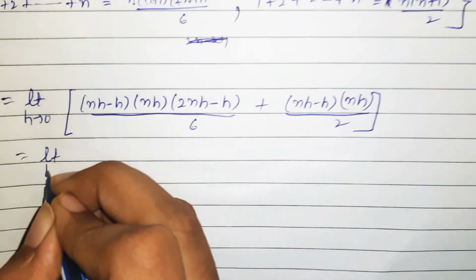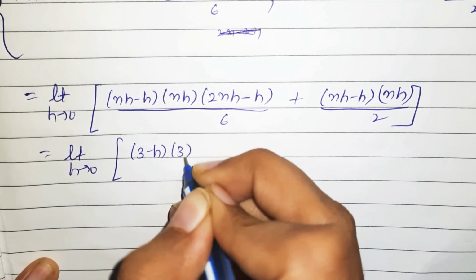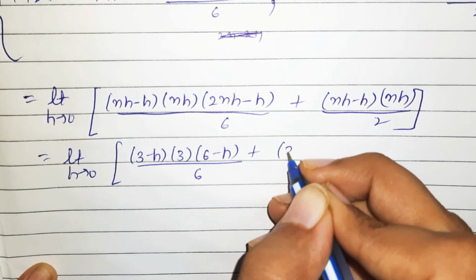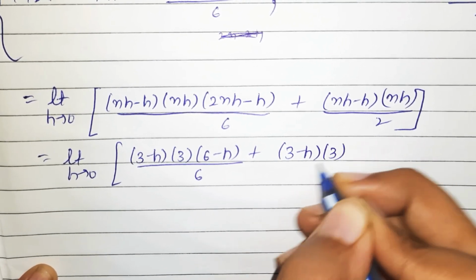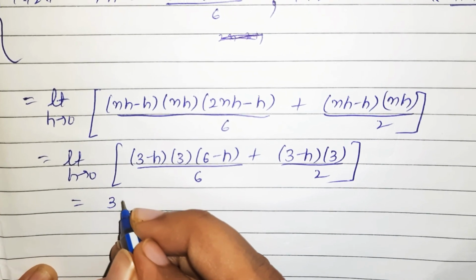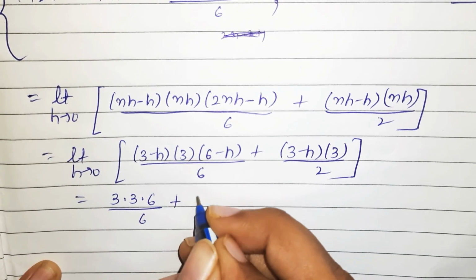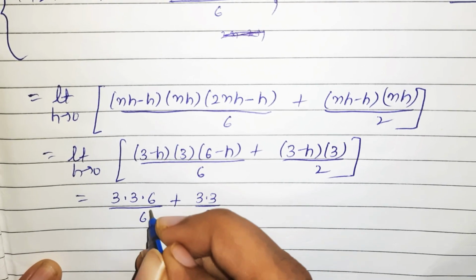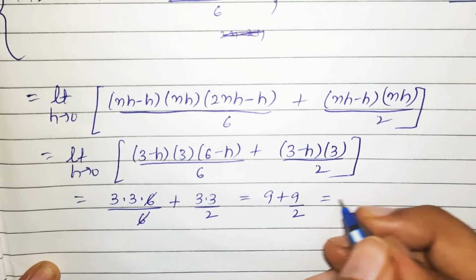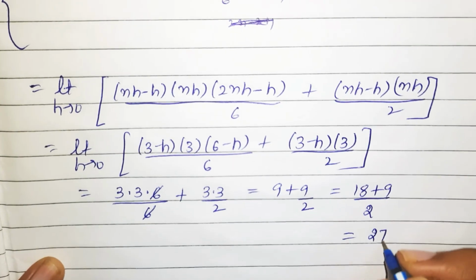So limit h tends to 0: 3 minus h, 3, 6 minus h by 6, 3 minus h, 3 by 2. So by putting h as 0, you will be getting 3 into 3 into 6 by 6, 3 into 3 by 2. 6 will cancel out. So 9 plus 9 by 2, 18 plus 9 by 2. So the final answer is 27 by 2.